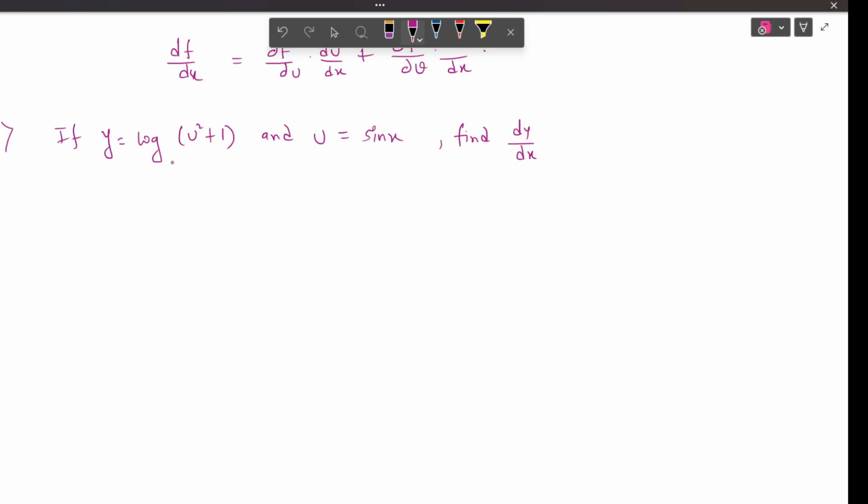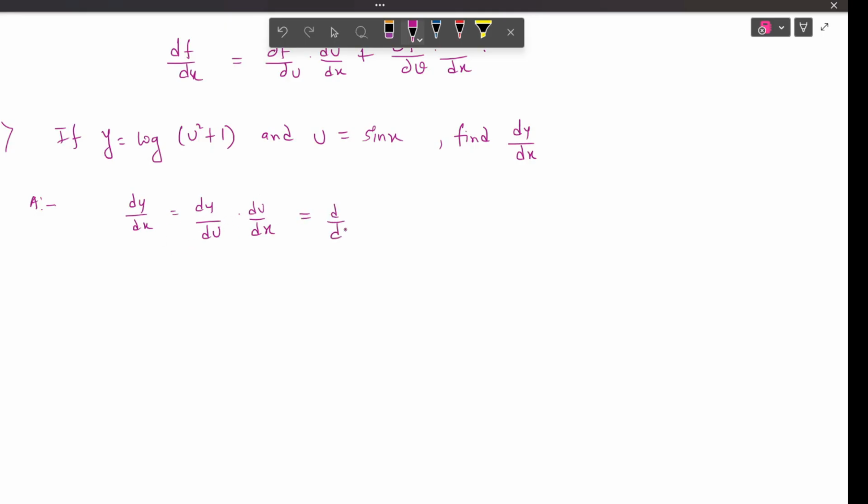See here, y is a function of u and u is a function of x, and you have to differentiate y with respect to x. So in these scenarios, we apply the chain rule. We can write dy by dx as dy by du into du by dx. It is as simple as that. The du cancels out, and it will be dy by dx.